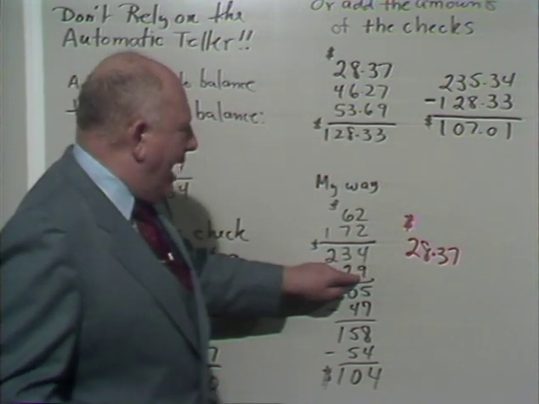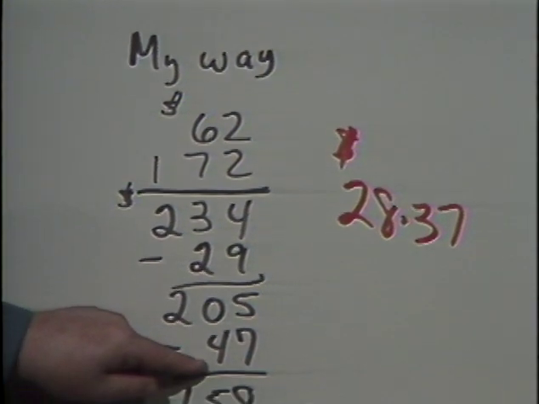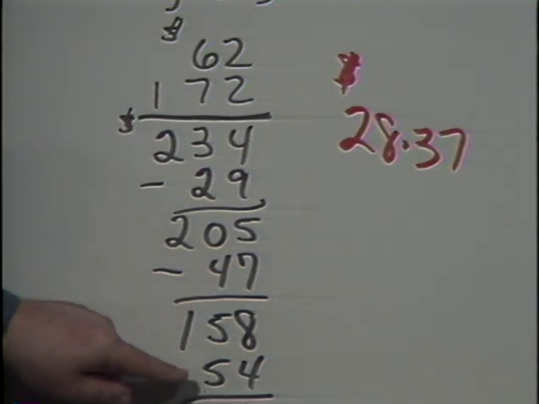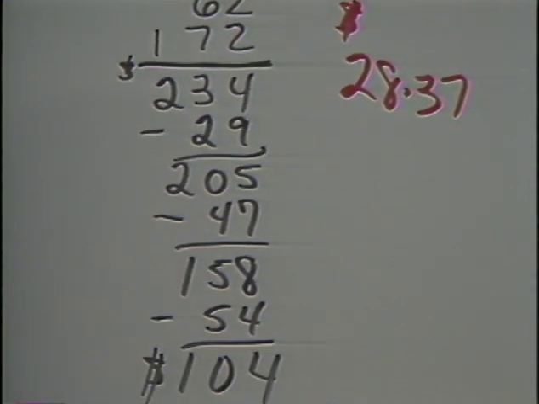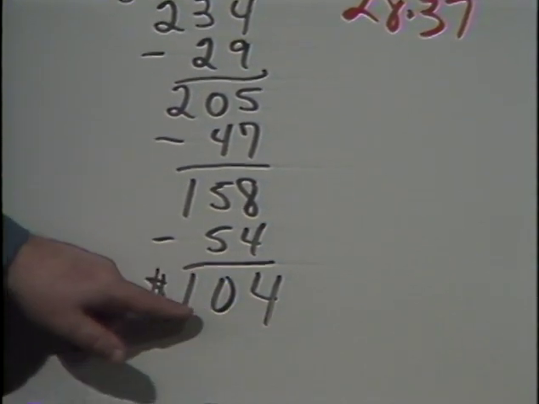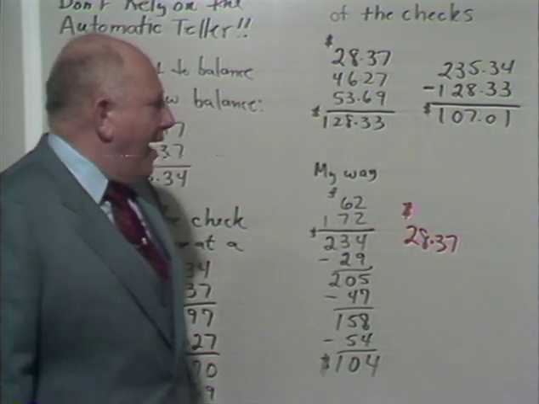I subtract $29, and see what I'm doing that way? I'm hiding 63 cents. Then the next check for $46.27, I pretend that was $47. Then the next one that was $53.69, I pretend that was $54. When I get all through subtracting, my checkbook would then show a balance of what? $104. How much money is in there?